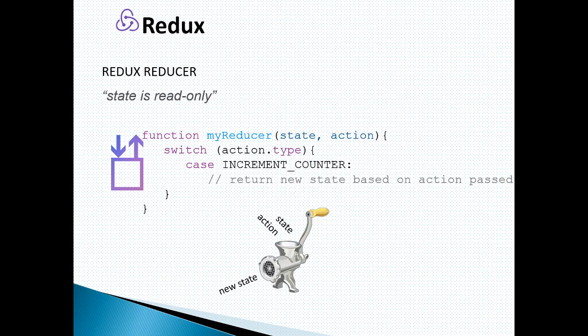So the reducer will apply a switch on the type. If the user is requesting to increment the counter, it will increment the count and return it, and that will be a new state by default.